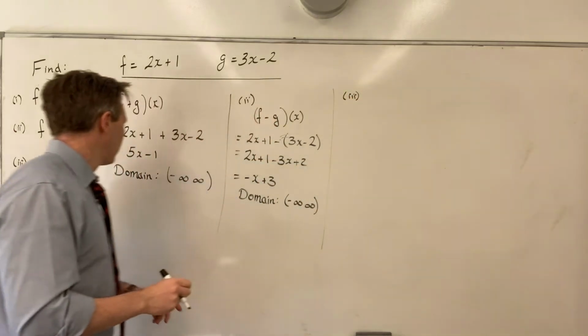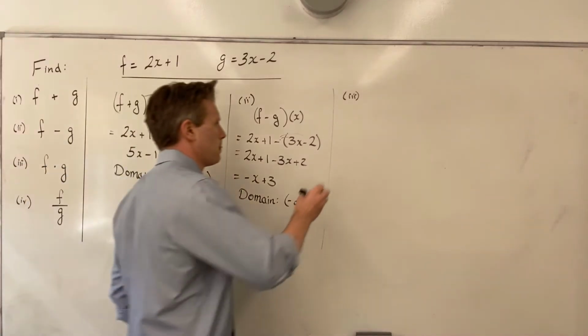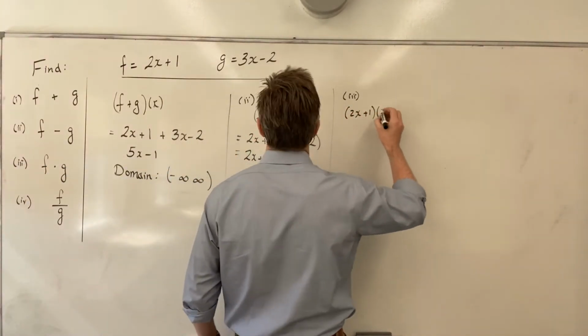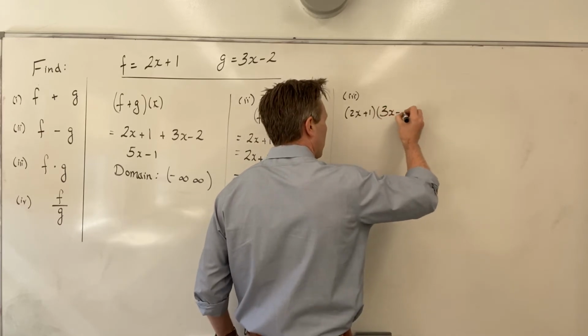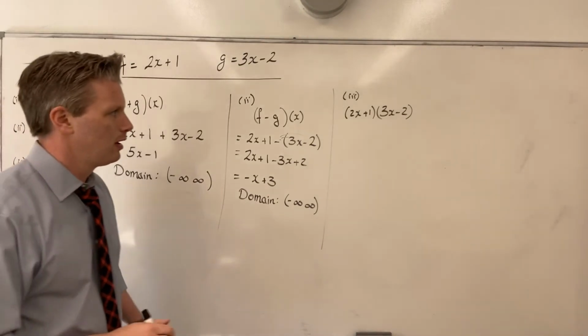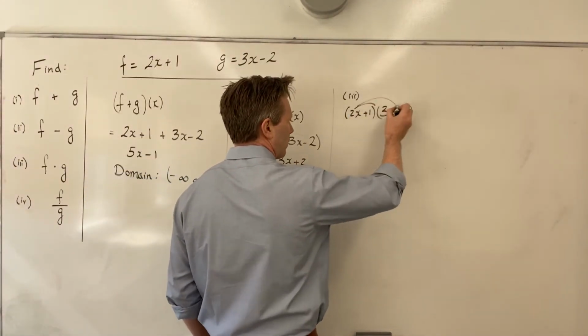the product, f times g. So that's going to be 2x plus 1 times 3x minus 2. Product of my two functions. I have two linear binomials, so multiplying them out, I'm going to FOIL it.